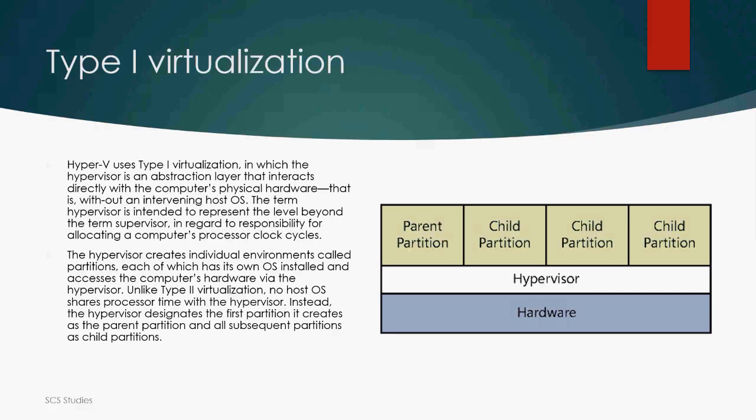If we are using Hyper-V, Microsoft Hyper-V, it is a type 1 hypervisor. The benefit of the type 1 hypervisor is that it will not interact with the host operating system, because it will directly communicate with the server's physical hardware and consume the hardware as required per the configuration done by you.